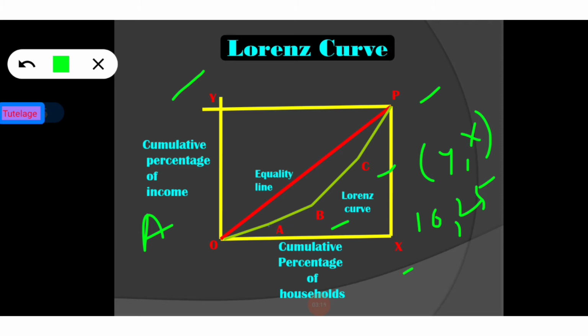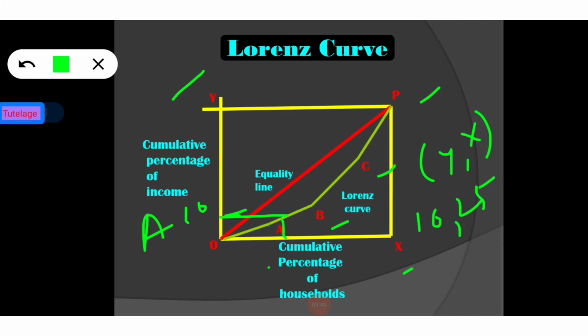So this is 10, and this is 25, because the value of y is 10 and the value of x is 25. So this is the plotted point A. It indicates 25% of the households would get 10% of total income.